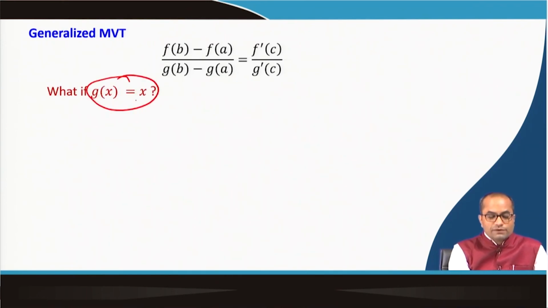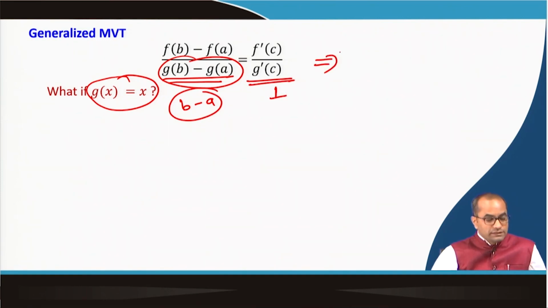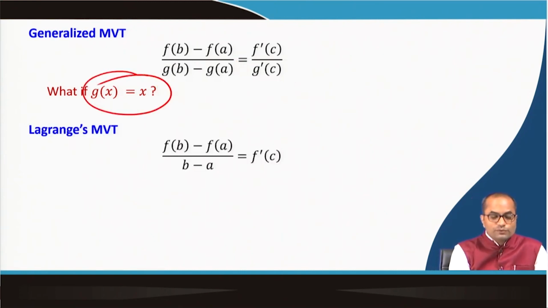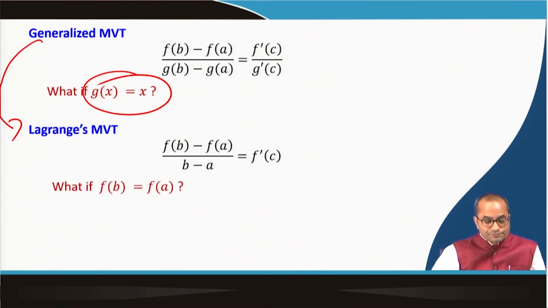Because if we choose the function g(x) equal to x, the denominator becomes simply b minus a, and g prime(c) is just 1. That is just the Lagrange mean value theorem. So if we take g(x) equal to x, the Cauchy mean value theorem becomes the Lagrange mean value theorem.